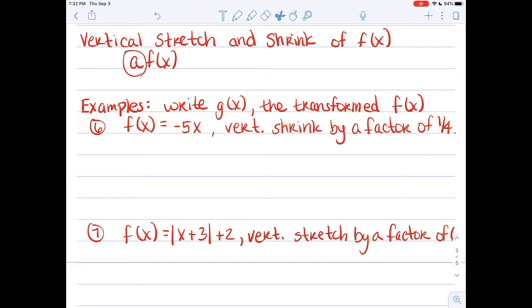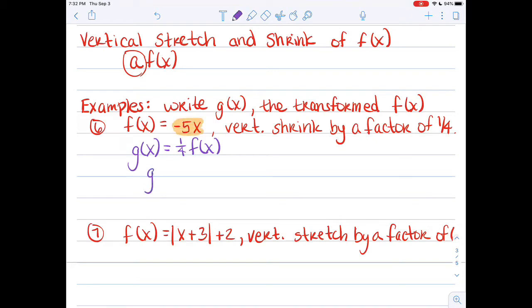So remembering that this affects the entire function, we can write g of x as 1/4 f of x. Now we're going to substitute in what we know f of x to be, which is negative 5x.